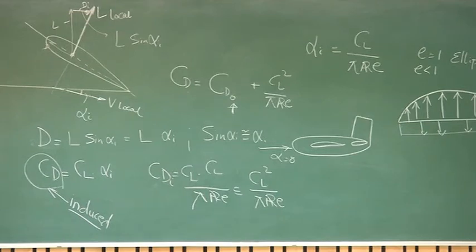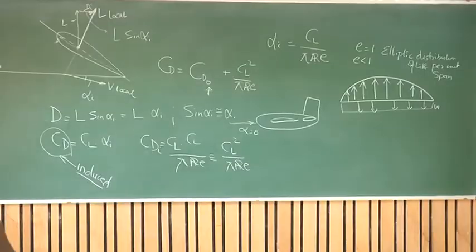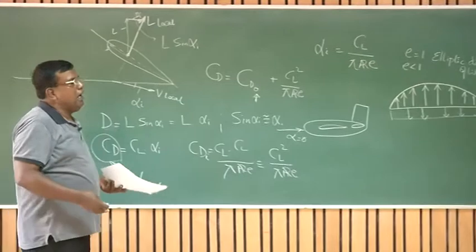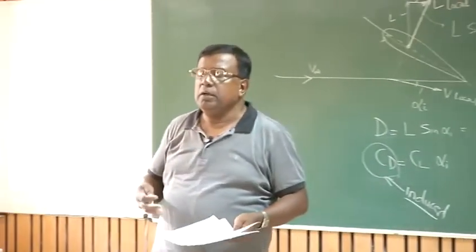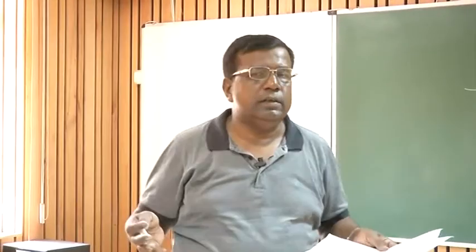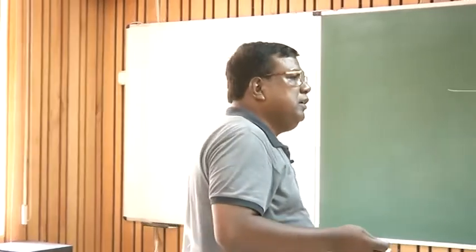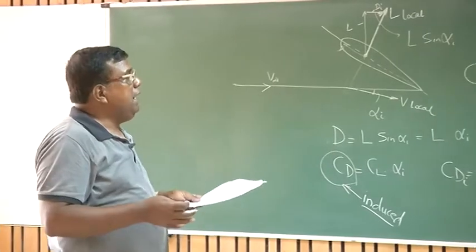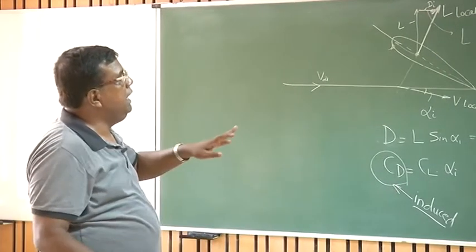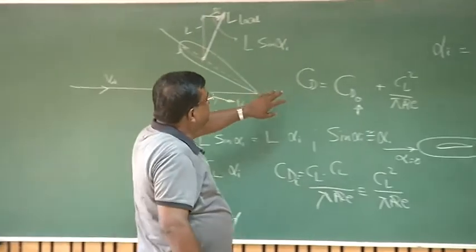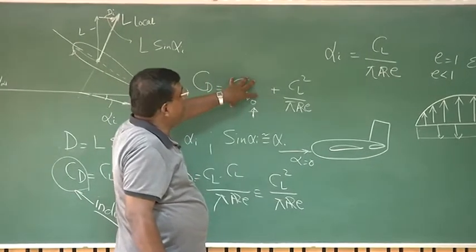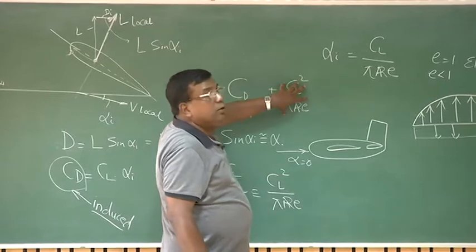For a cambered aerofoil, we write CD at CL equal to 0, and as we progress, we see that sometimes we represent this drag coefficient using CD minimum also. Those are a matter of detail. At present, only understand that the drag coefficient will have two components: one because of parasite drag, or zero lift drag, and the lift induced drag.